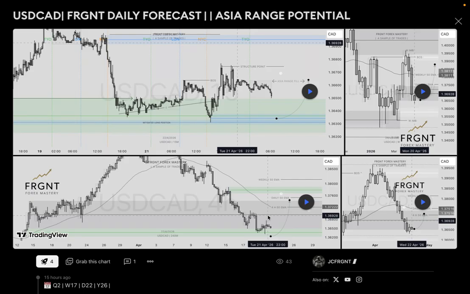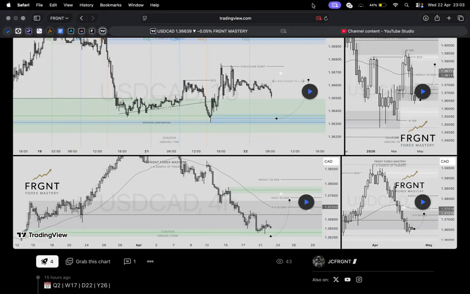However, what we do have is a 4-hour order block refined within that weekly. And then at the bottom of the trend, we're now seeing a range. Of course, that can go in either direction, hence why I was adamant to wait for that 4-hour candle closure, at least on the DXY, above or below, and then vice versa on US dollar CAD. With that said, I'm then able to trust the lower time frames on US dollar CAD as well.